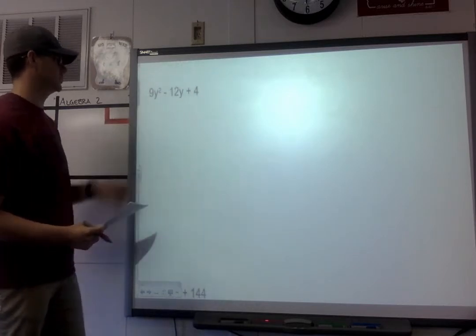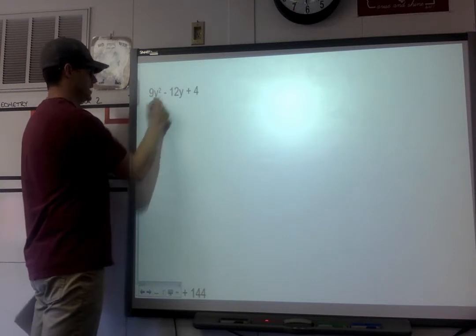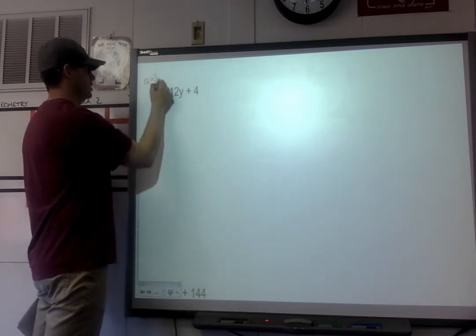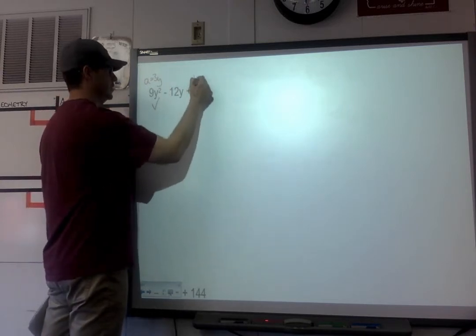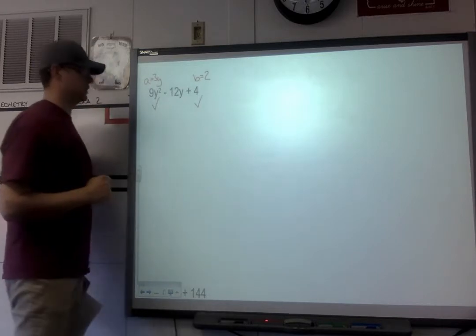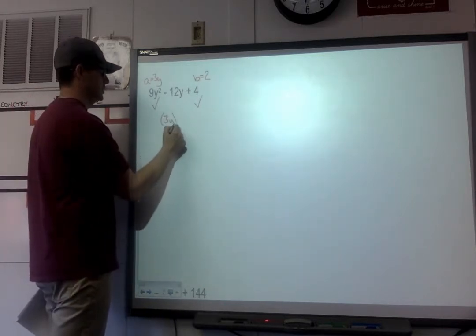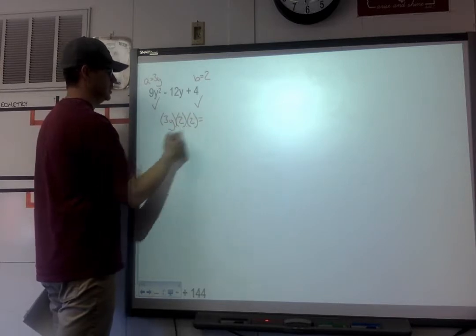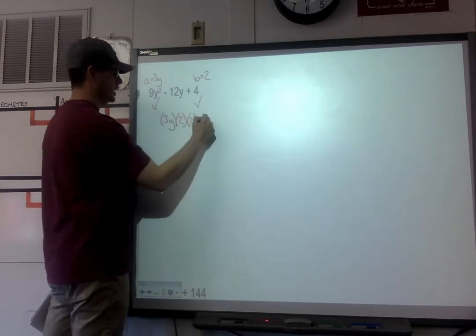Let's take a look at this one. First term, yes, that is a perfect square. The square root would be 3y. The last term, yes, it's a perfect square. The square root would be 2. Then we want to check to make sure that the middle term is a times b times 2, which would be 3 times 2 is 6, 12y.